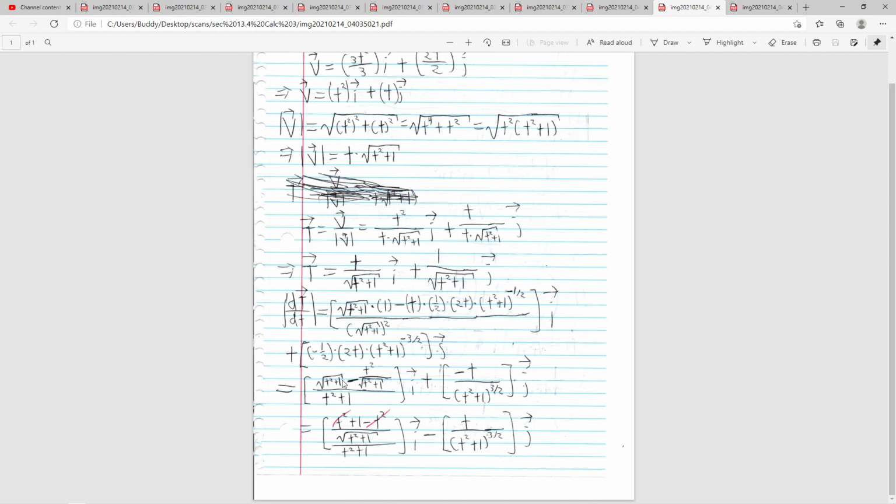Cancel out, so square root of t squared plus 1, you can multiply by square root of t squared plus 1 to get t squared plus 1 divided by square root of t squared plus 1, and you combine these terms and you subtract t squared from that because that's already there. You get what?